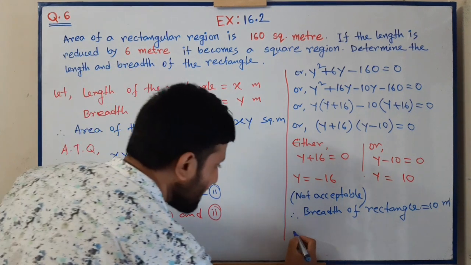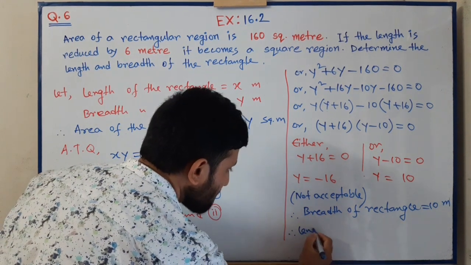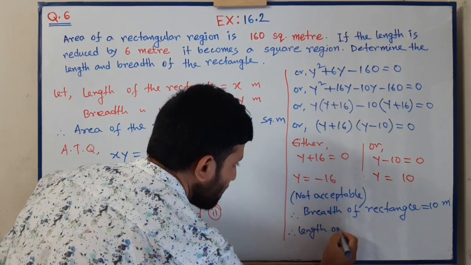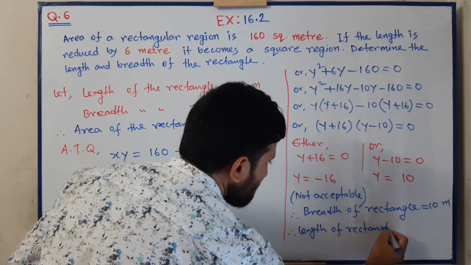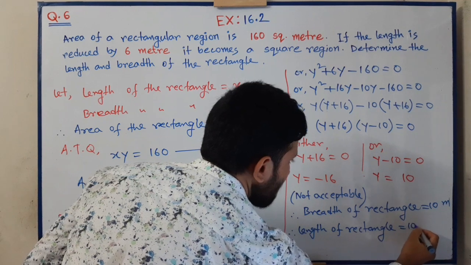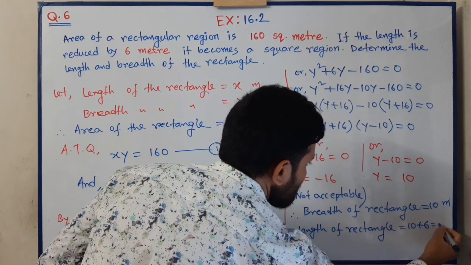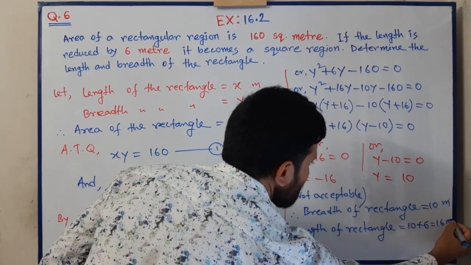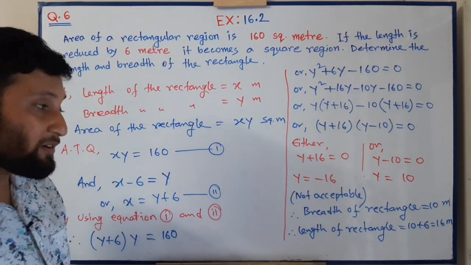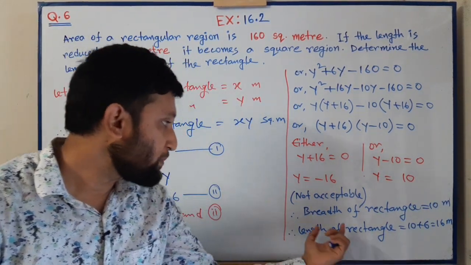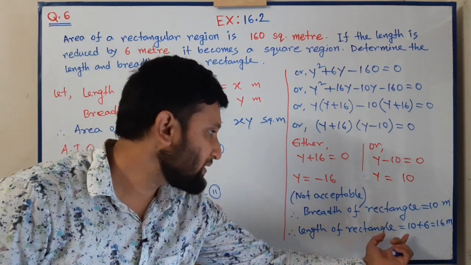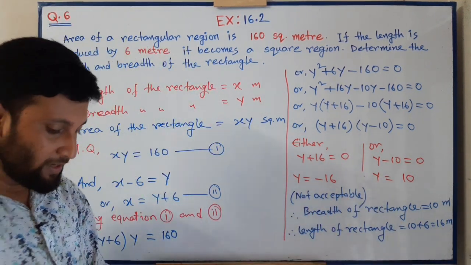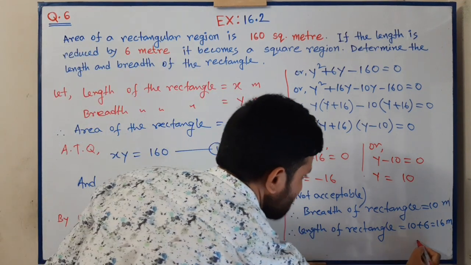So I can say that length of rectangle is equal to 10 plus 6, that means 16 meter. Okay, so this is our required answer. Breadth of the rectangle is 10 meter and length of the rectangle is 16 meter. Okay, I hope everybody clear.